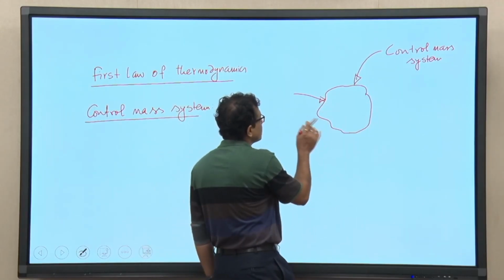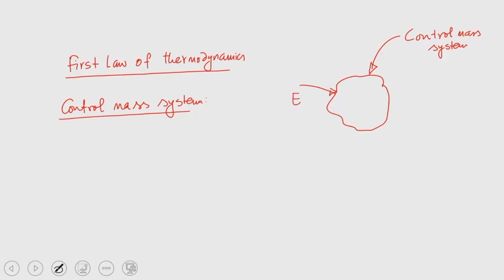So, if we consider this is a control mass system and the energy input is E in and the energy output from the system is E out, then from the conservation of energy you can write that E dot in minus E dot out, so we are trying to write this as a rate equation, plus something equal to dE by dt for the system.